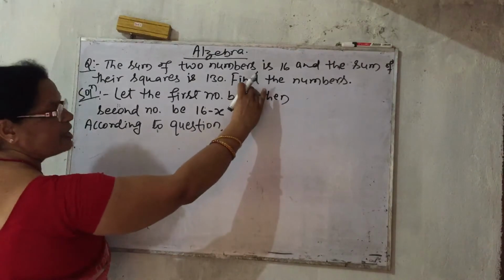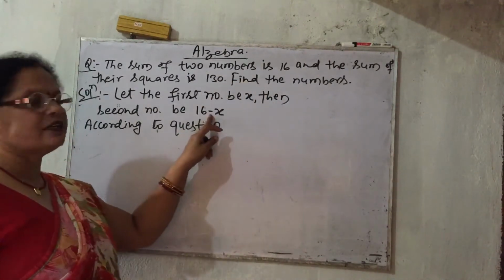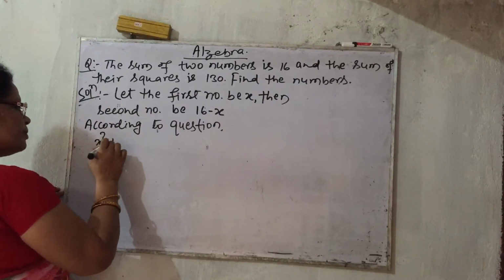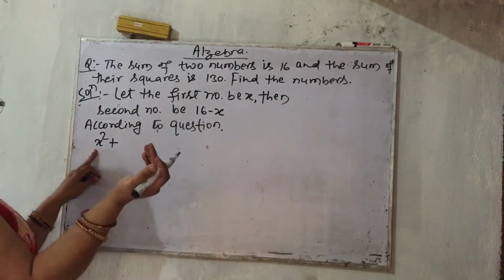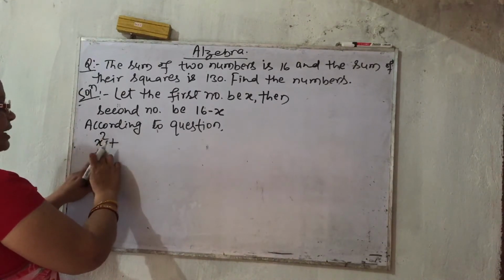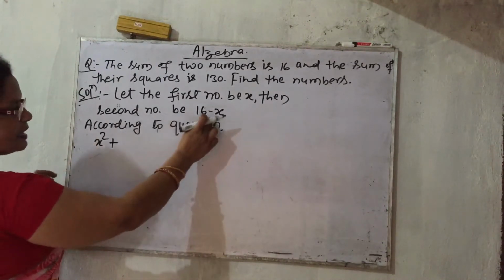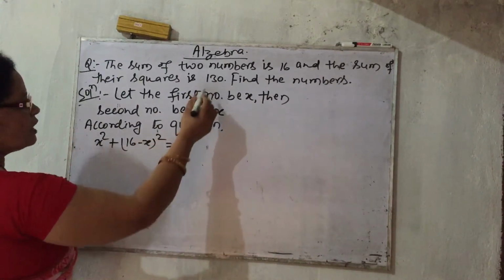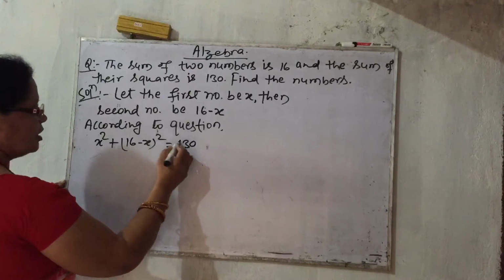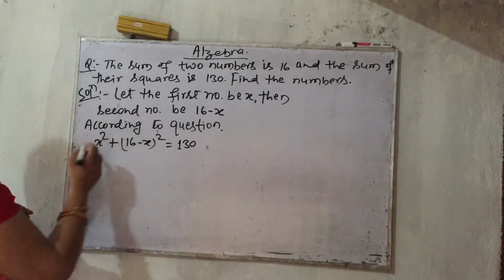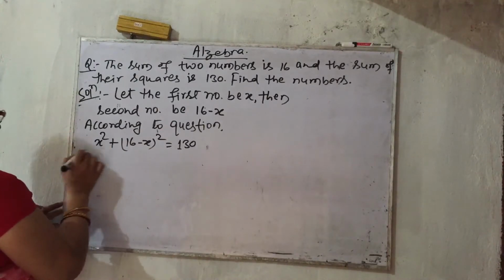Our first number is x and the second number is 16 minus x, so x square plus the square of 16 minus x equals 130. We have made the equation. Now we have to solve it.